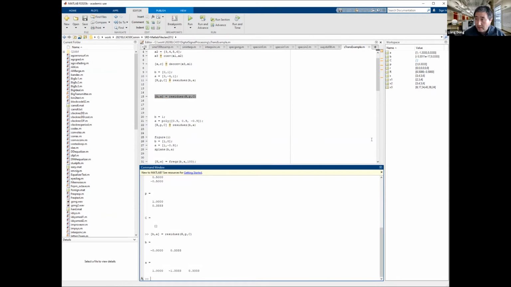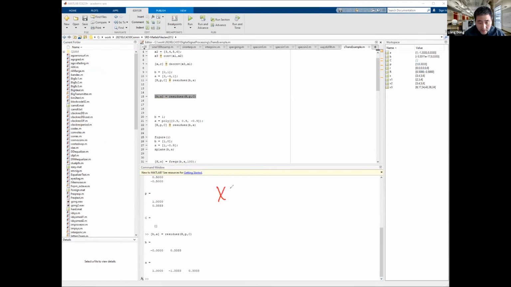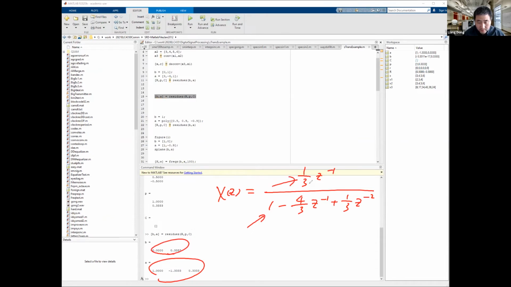Remember we also calculated 1/3, 1 subtract 4/3 z^-1 plus 1/3 z^-2. So these are the coefficients. Let's say A is the coefficient here, B is the coefficient here. Okay, so very nice. We can always check this answer.